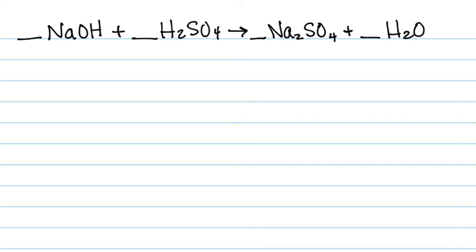Now, in the helpful tips I gave you, it said balance one at a time, but if you had any polyatomic ions, if they stay intact, leave them intact. So I notice there is sulfate. SO4 is still SO4 on the product side. So I will leave that as SO4 and I put parentheses around it.